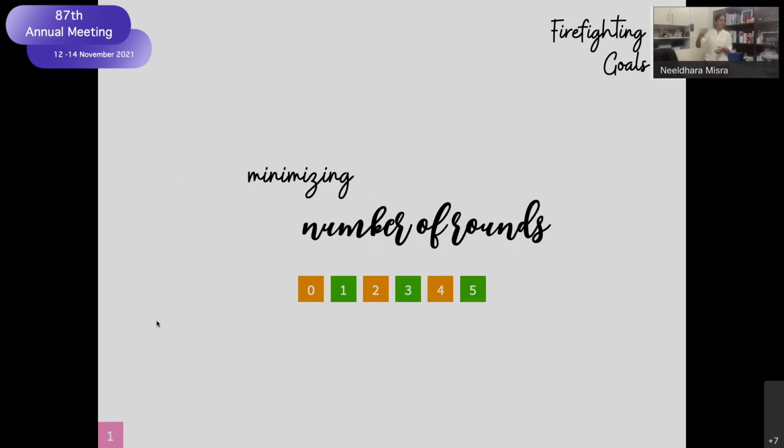Every round that it lasts is more damage. So you want to minimize the number of rounds. Again, these two questions sound similar, but there are variations where you can deploy, if you like, more than one firefighter in each round. So there could be some very subtle differences between these two formulations, which is why I have them stated differently explicitly.